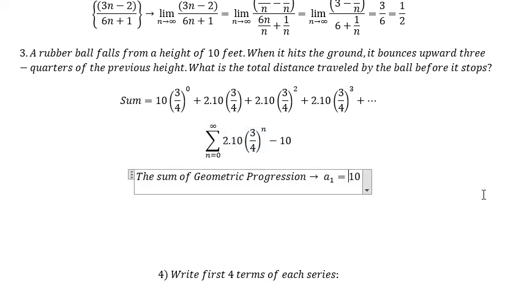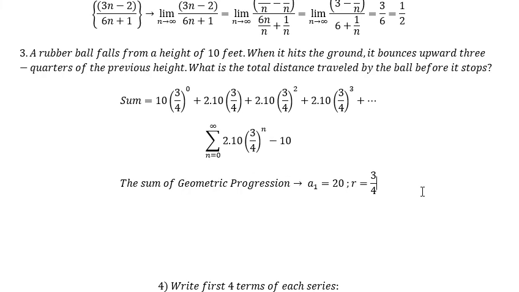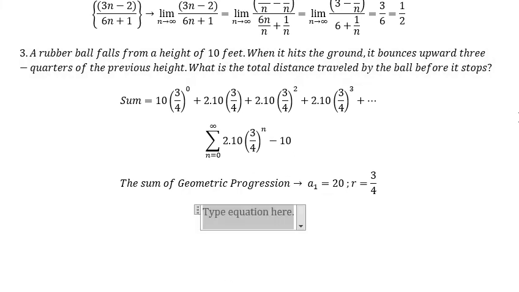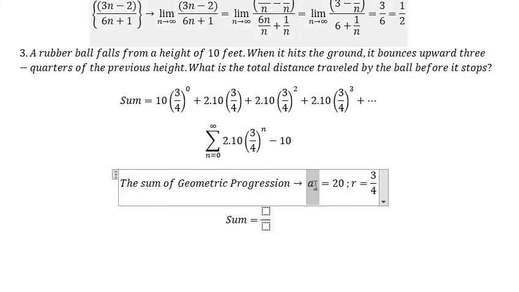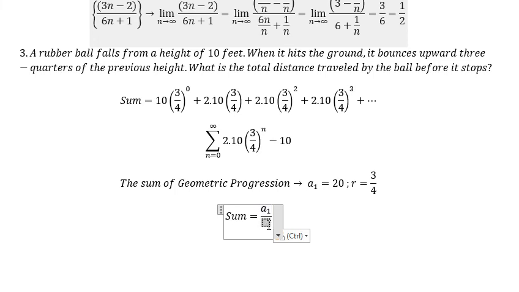So A1 should be about 2 multiplied by the number 10, and you got about 20. And R in here, you got about 3/4. So the total distance should be about A1 over 1 minus R. Later that we need to minus the number 10 from here.